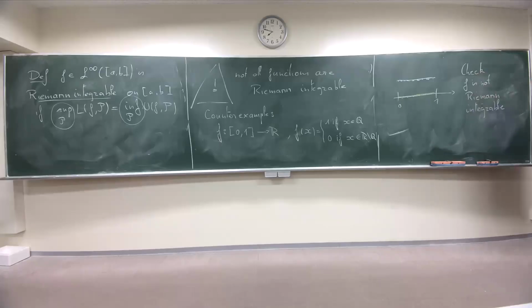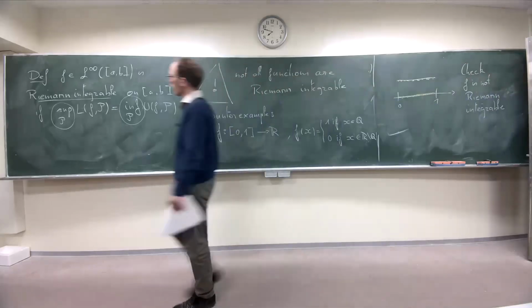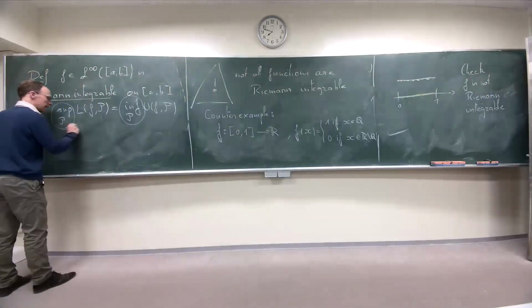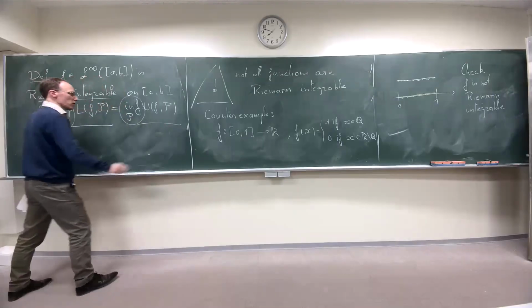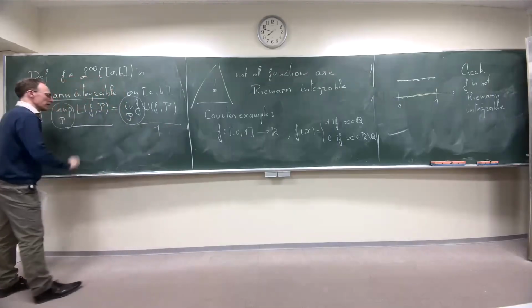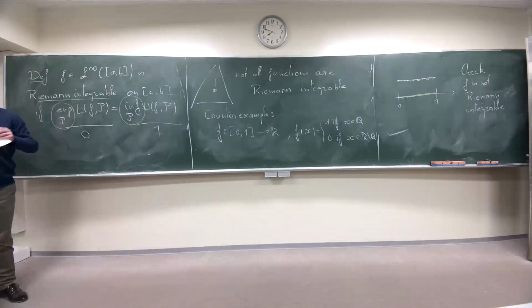Please try to check: take the definition of Riemann integrable, compute this, compute this. You are going to see that this is always 1, this is always 0, so they cannot be equal. So it's a nice counterexample. Not all functions are Riemann integrable.